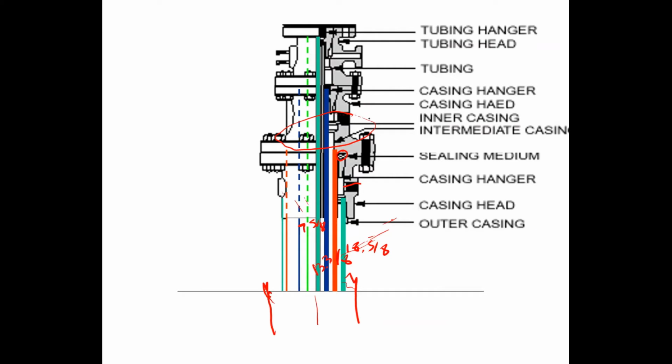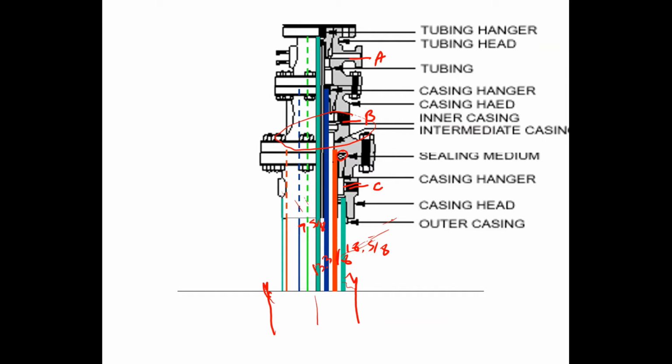So now we have 3 valves here. You see that this is one, this is another one, and this is another one. This is called Annulus A. This is called Annulus B. And this is called Annulus C. From C, we measure the pressure between 18 5/8 and 13 3/8.